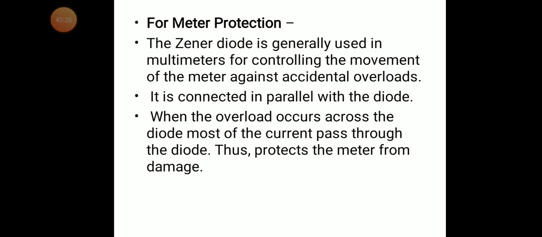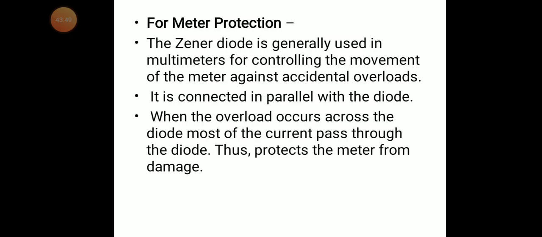So what we are doing is, the meter is connected across the Zener diode. If any high fluctuations occur, they are converted into current and pass through the diode only. The diode produces a constant voltage towards the meter.